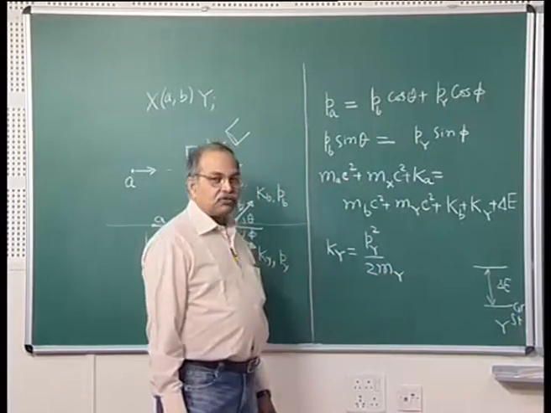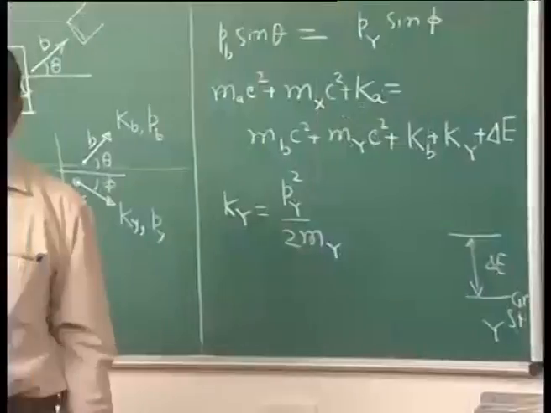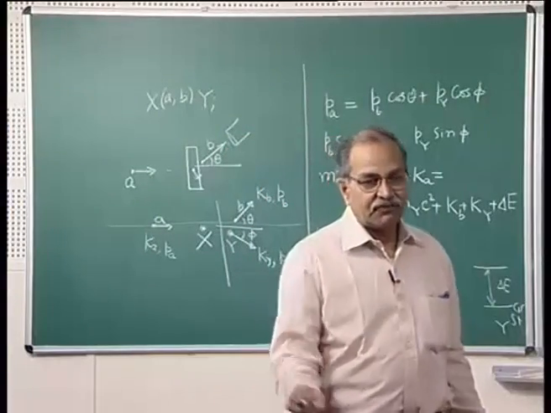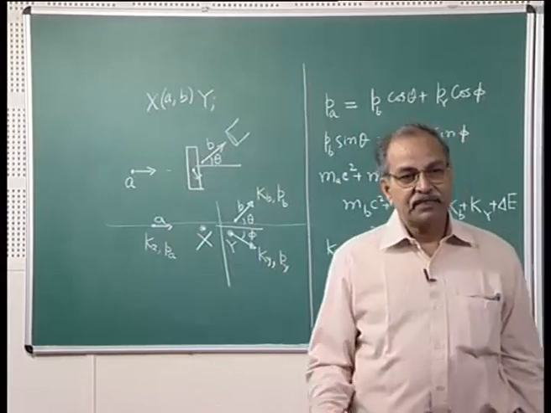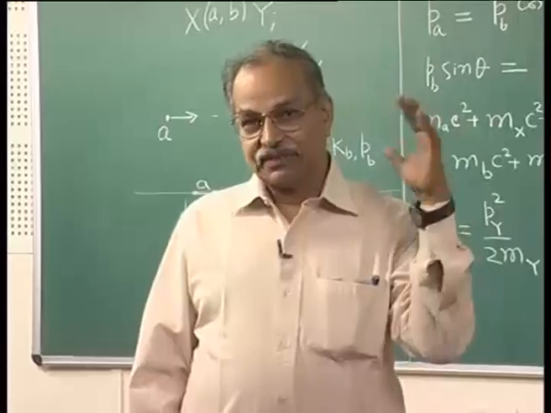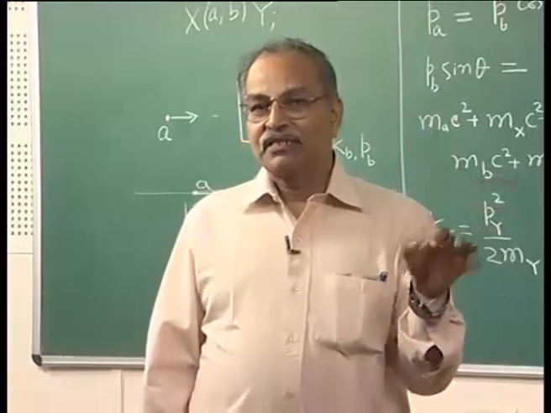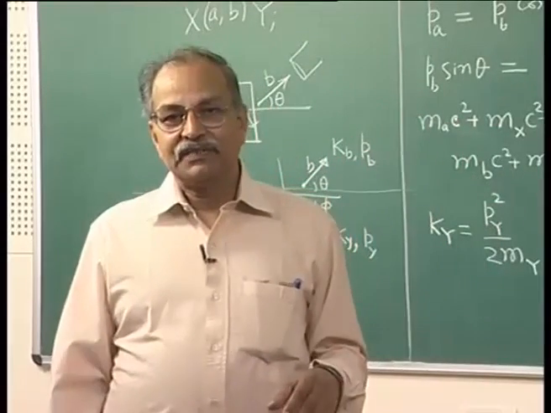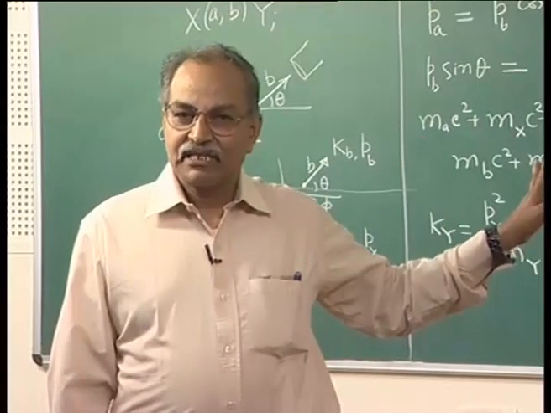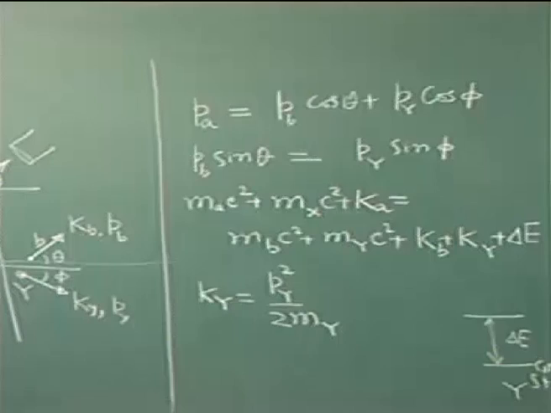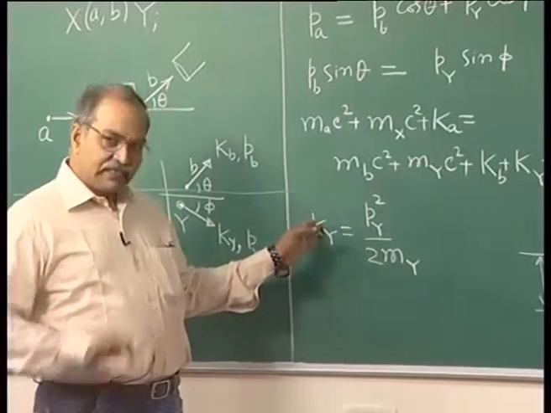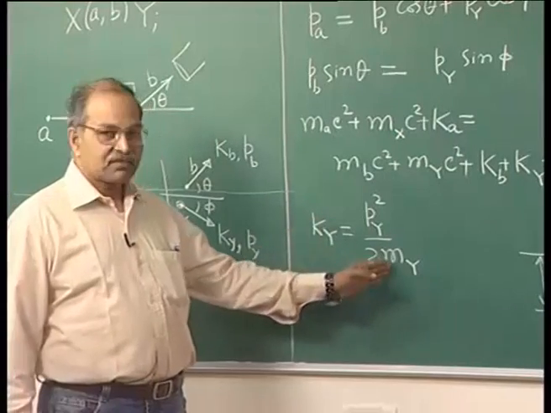This is a non-relativistic expression, but all these kinetic energies are a few MeV, 4, 5, 10 MeV, 1 MeV, and the mass of the nucleus is in 1000 MeVs. A single proton itself has 938 MeV or so, and therefore this non-relativistic expression is perfect. We use it because the kinetic energy is small compared to the mass of y.